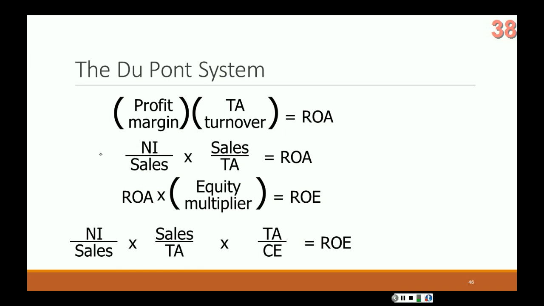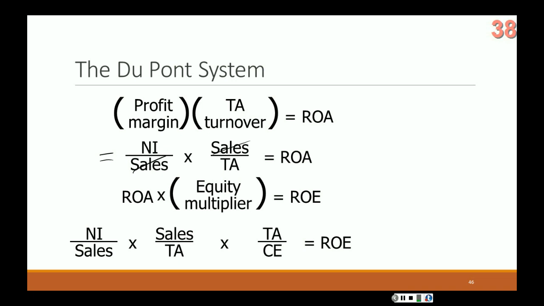So profit margin is equal to net income over sales times sales over total assets. Sales cancel out. That gives you net income over total assets, which is return on assets. If we multiply the ROA by the equity multiplier, then we get return on equity.